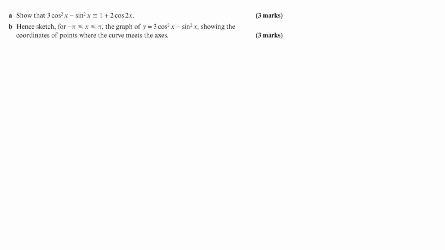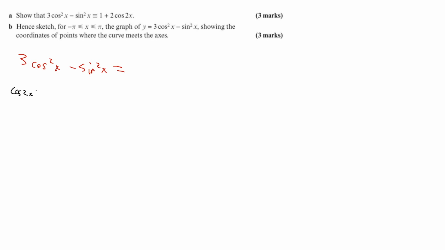Now let's take a look at this example. For this one, show that 3 cos squared x minus sine squared x is equal to 1 plus 2 cos 2x. Well, this is where we use the double angles, right?